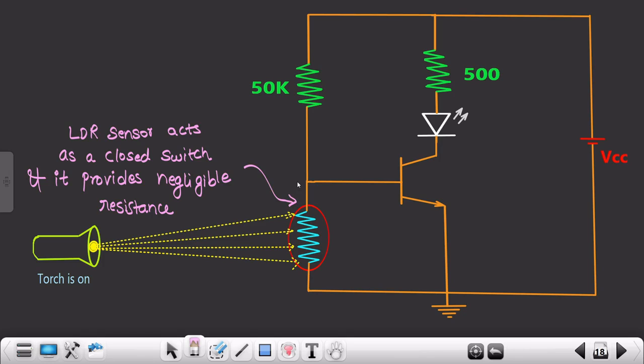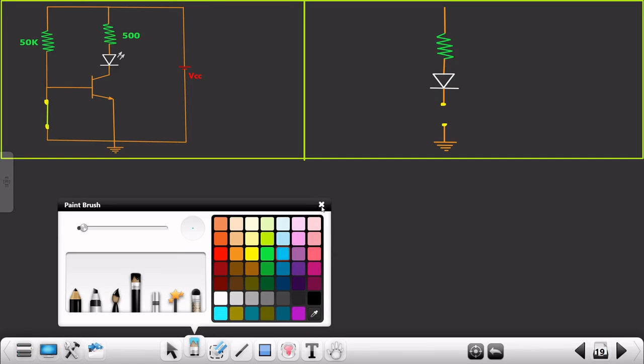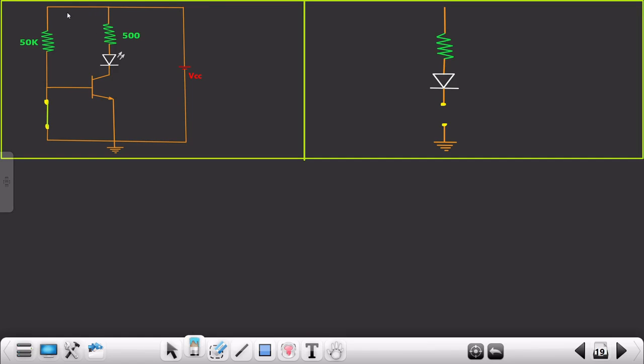Now we will see the working of this circuit when the torch is in on condition. This part will act as a closed switch, and therefore there would be one current flowing in this particular direction. Let's suppose the current is IB.